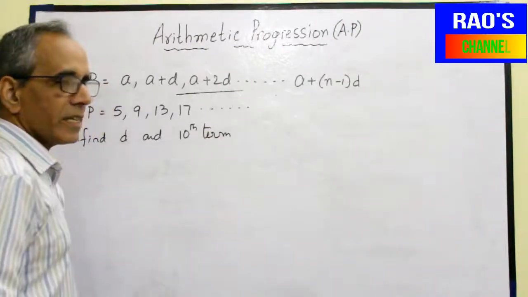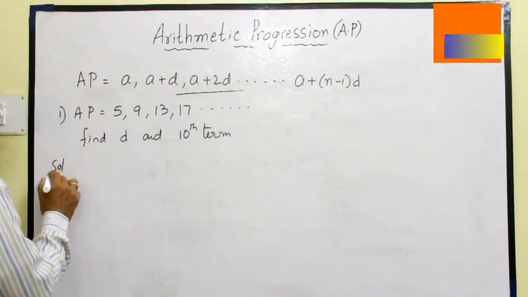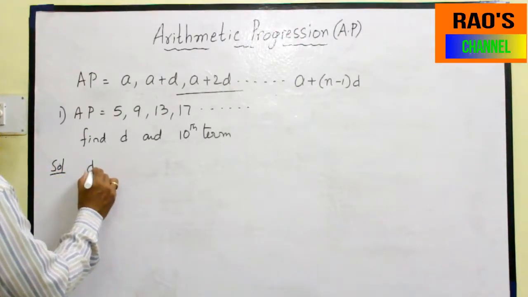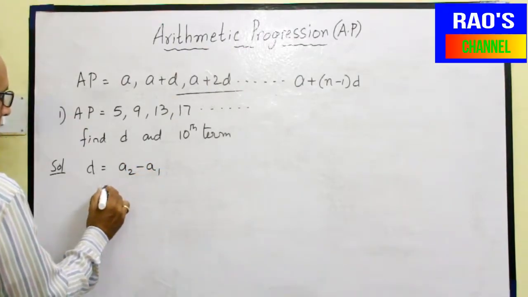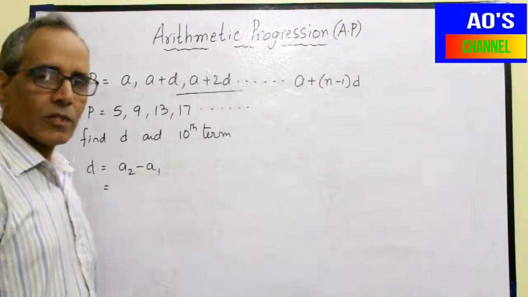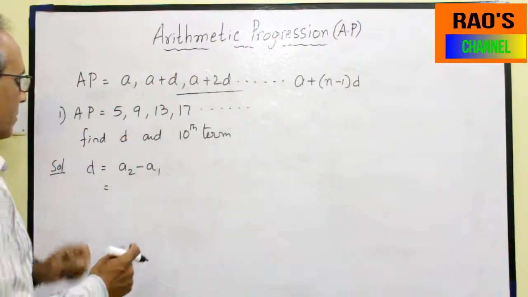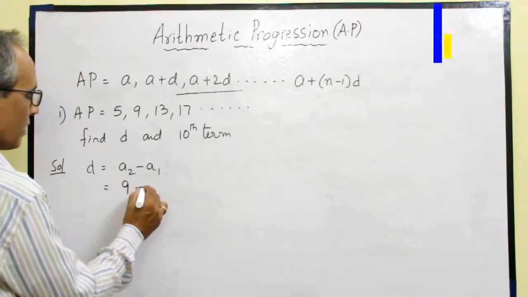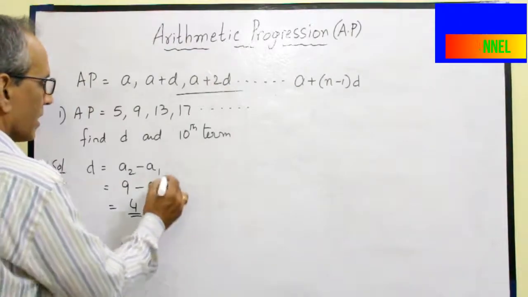In our solution we find d is a2 minus a1. That means any two consecutive numbers you can choose. Here I take a2 and a1, that is 9 minus 5, that is 4.